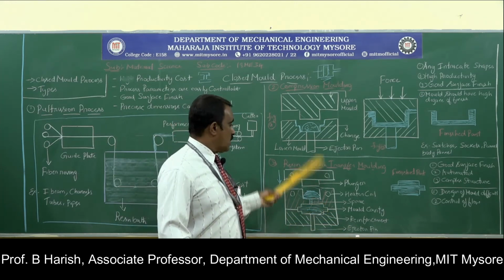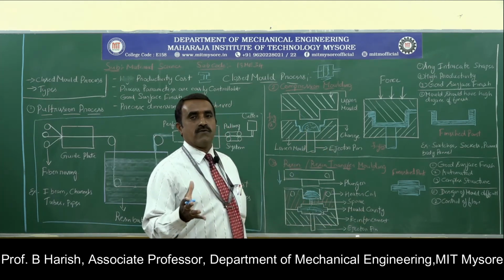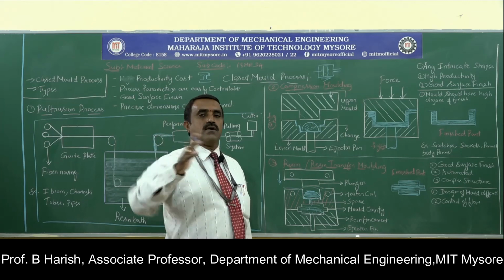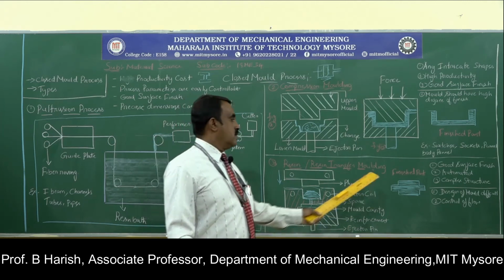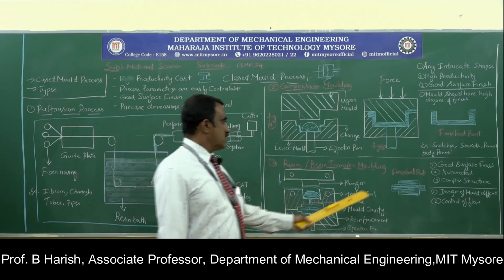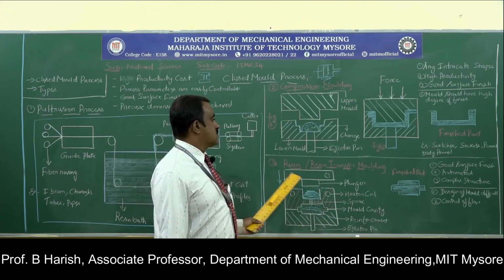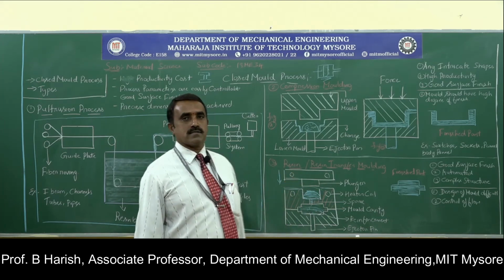As we move the plunger out, it gets solidified again, from liquid state to solid state. Finally, this is how you get the finished part. That's how the resin transfer molding process works.